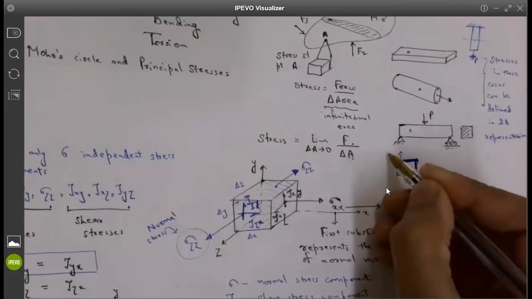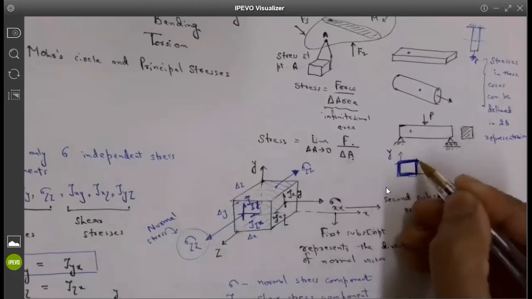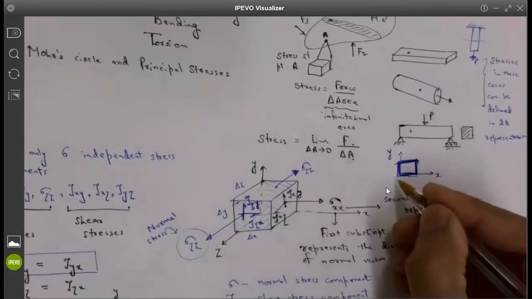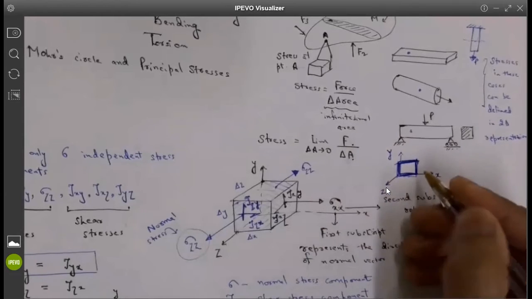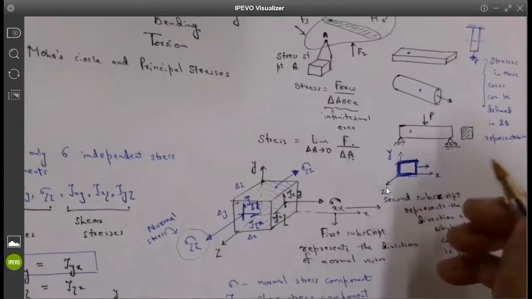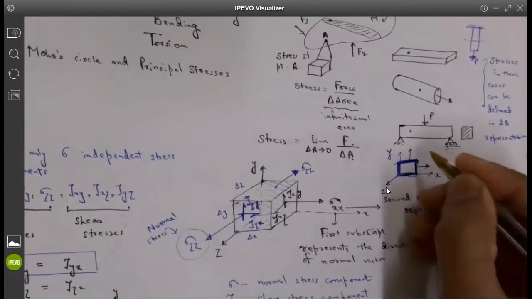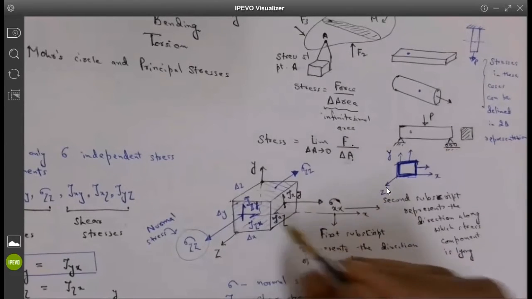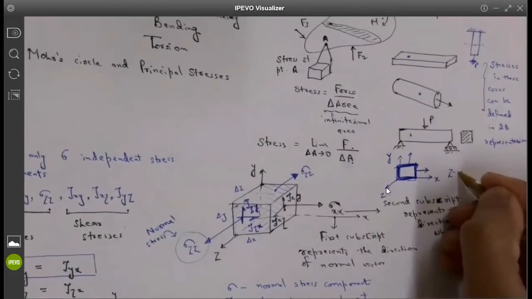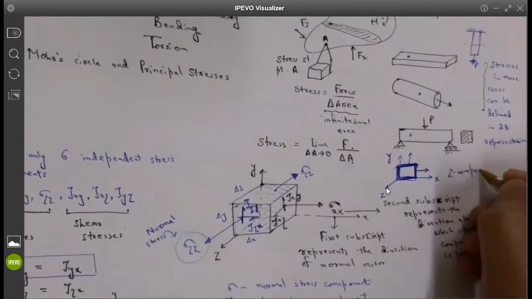This is your X, this is your Y, and the Z direction is squeezed so you don't have any material left. So the stresses are only acting in one plane. The Z component stresses just go away because I don't have sufficient material in there.